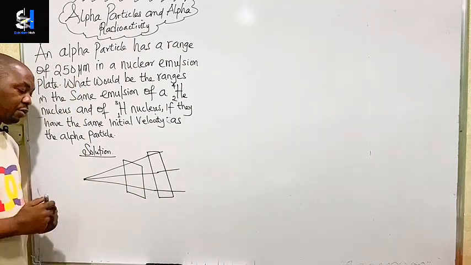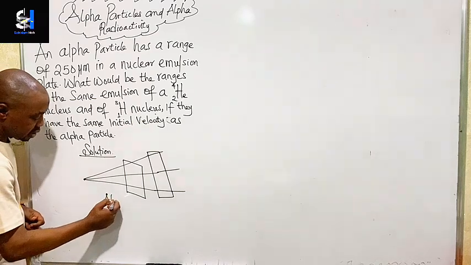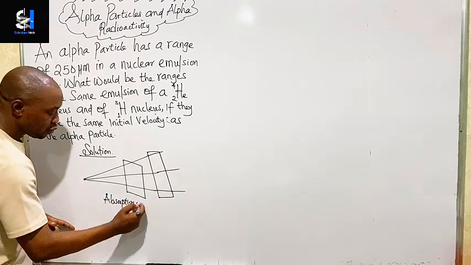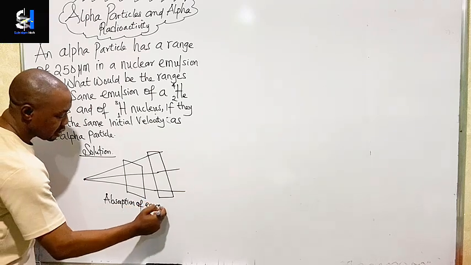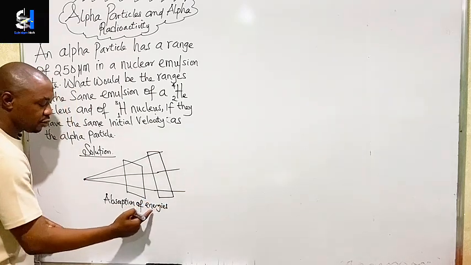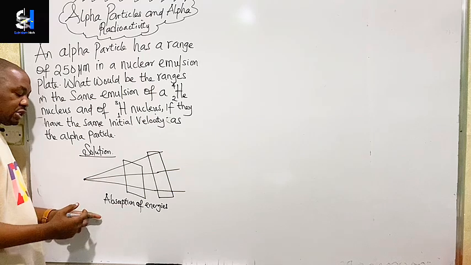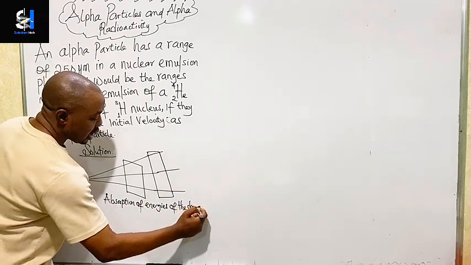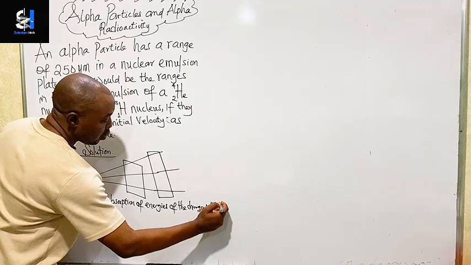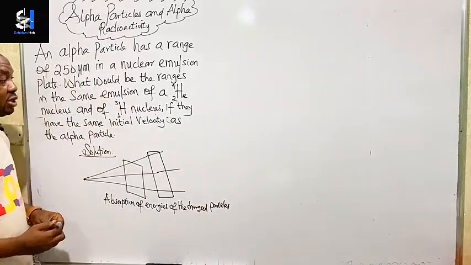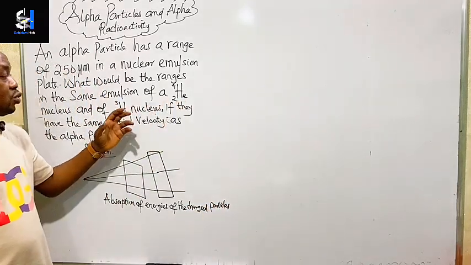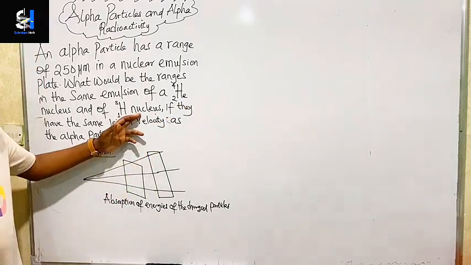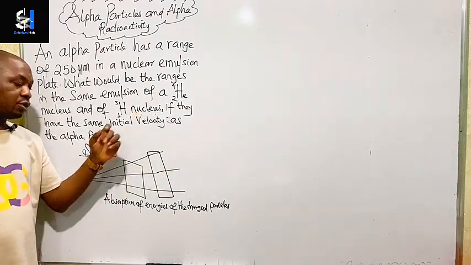Now two things will happen. The first thing is that there will be absorption of the energies of the charged particles. The charged particles in this case are the alpha particle, which is represented as the helium nucleus, and also the tritium nucleus.